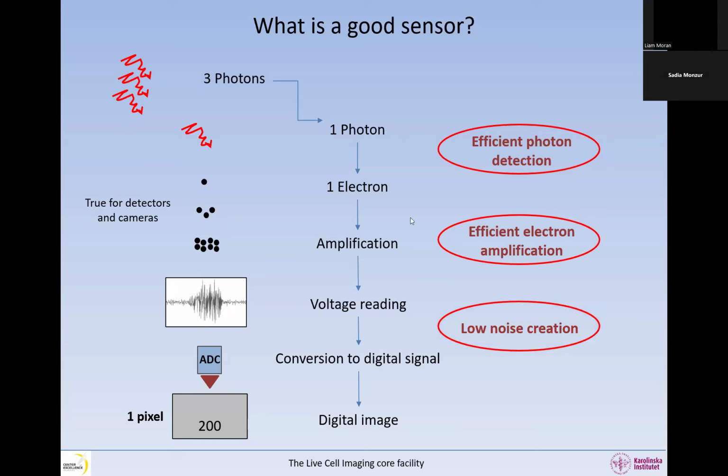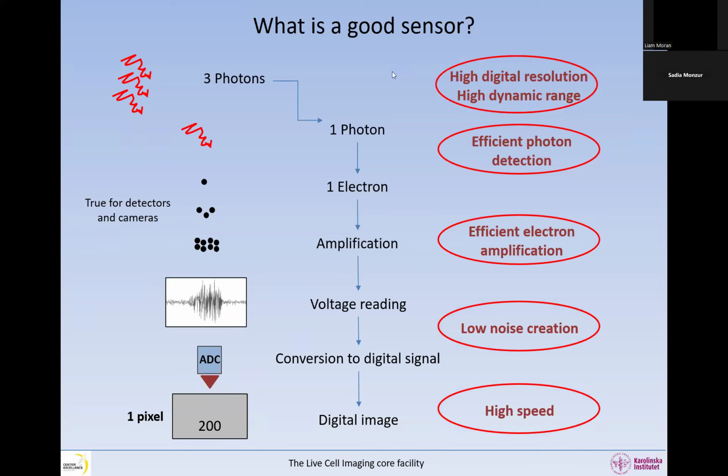We would like this whole process not to be noisy. We do not want the process of amplifying and converting. We don't want it to create its own noise, and we will talk about that. And then we want the whole thing to happen very fast, clearly. So this is a super good sensor.